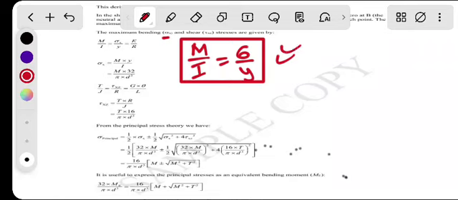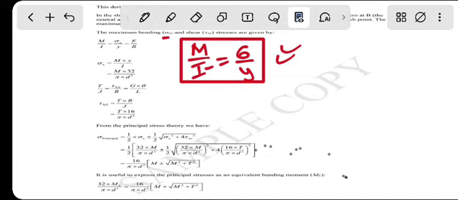All right, whereby we know this is the stress you've been given, and E is the Young's modulus of elasticity.